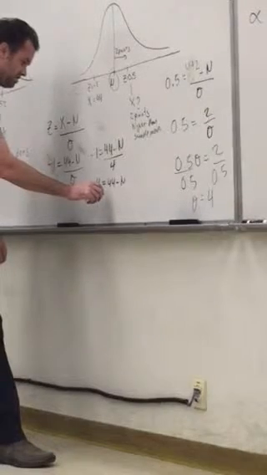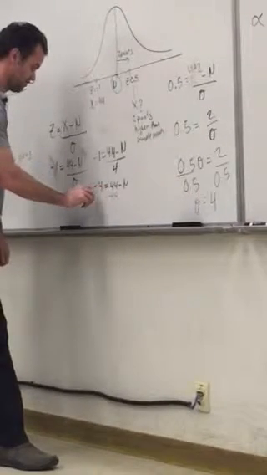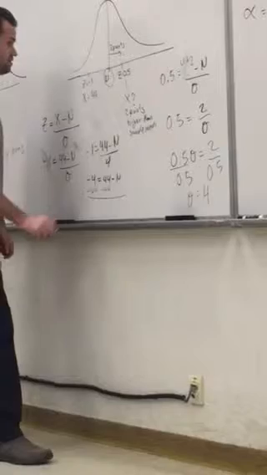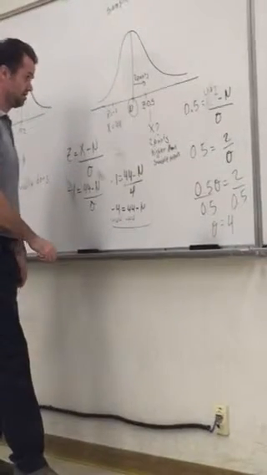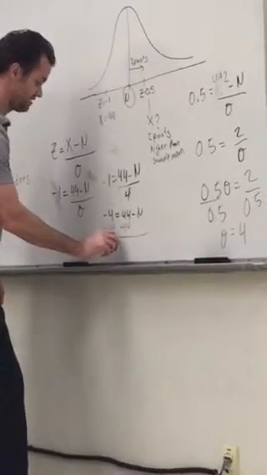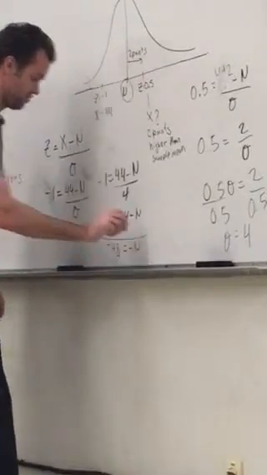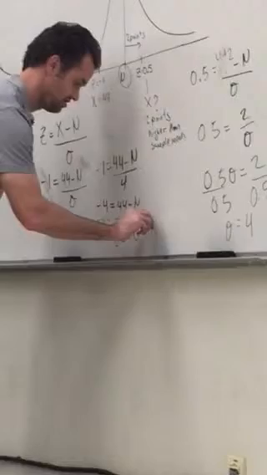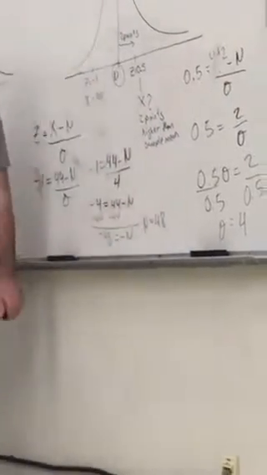Subtract 44, and you get -48 equals negative mu, right? And then mu equals 48.